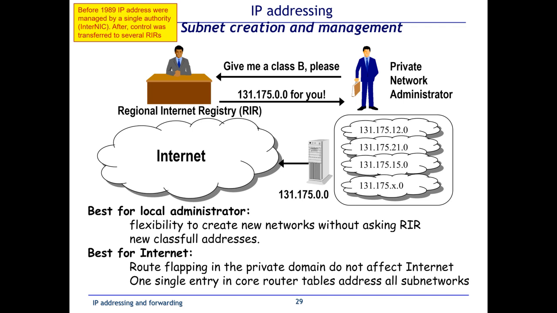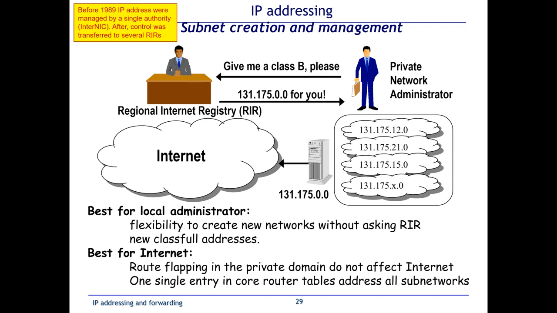So, for example, if you have a block that is /16, so a class B network, and you have different departments in your organization, you want to split this network into various subnets, in terms of partitions of this overall network into sub-blocks of addresses.